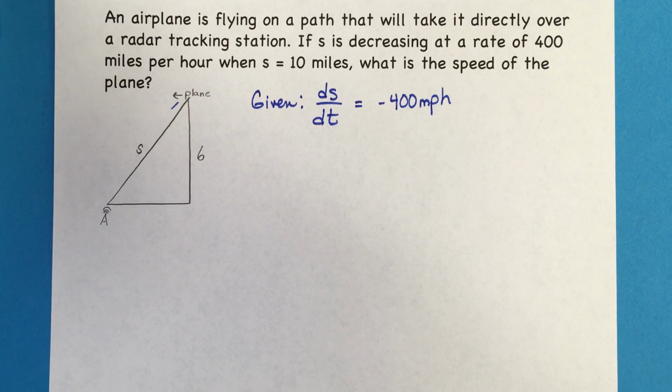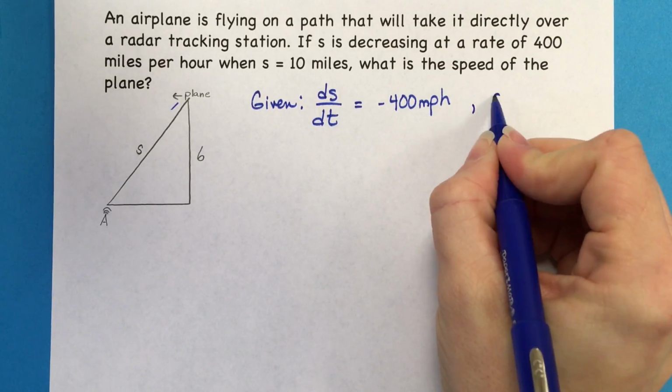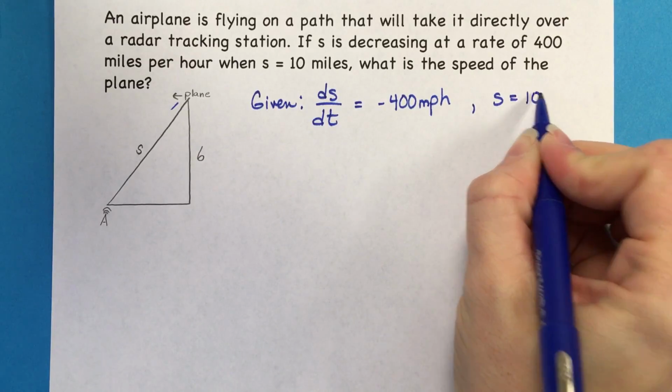Again, that would be positive, because as you fill your balloon with air, it's getting bigger. This time we've got something that's decreasing, so you do have to have a negative value to represent that. Now, you are also told that S is equal to 10.